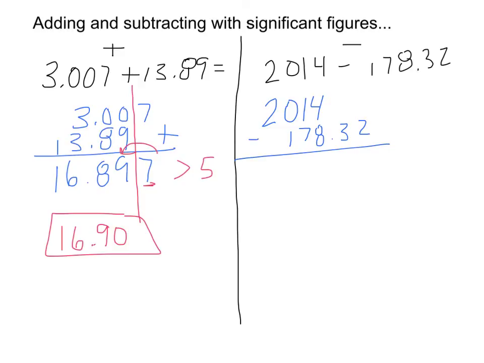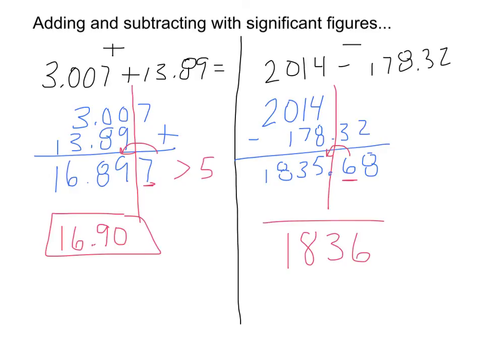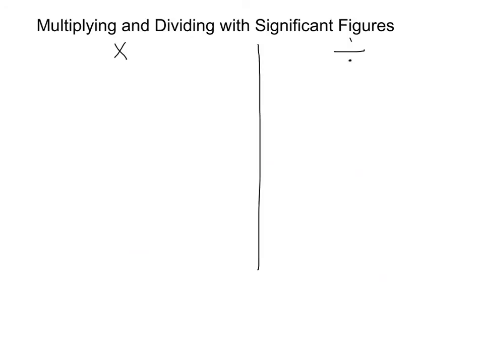So if I subtract these two, off the calculator this is the answer that I get, but I know that I can only report to the ones place. So I look at the tenths, and it is bigger, so I'm going to round it up, and I would report 1836 as my answer.